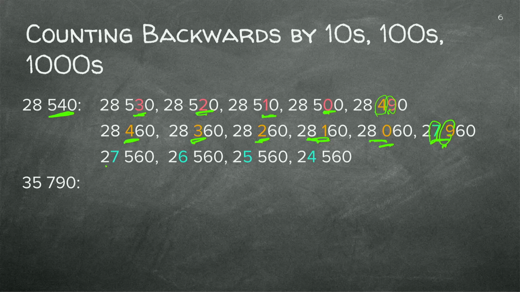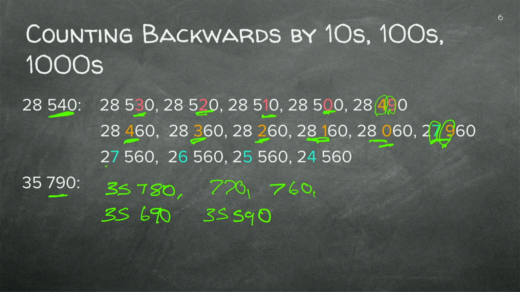35,790, and let's count backwards by 10. So it is 35,000. What is this going to change to? If you want to make sure, 79, you count backwards, it's going to be 70, 780. Then it's going to be 770, 60, and so on. The same with the 100, 35,690, 35,590, 490, and so on.